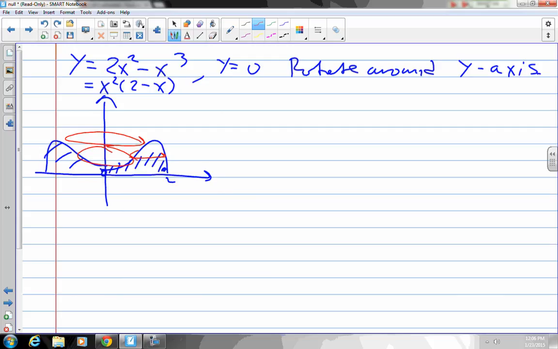Because you need the outer radius and the inner radius, but both of those curves are defined by this function of x. So I really need to solve for x in terms of y, first of all. So good luck with that, right? I don't think it's possible to solve for x here in terms of y.